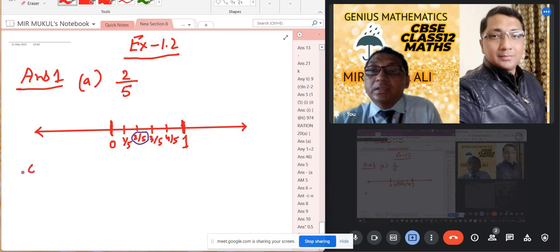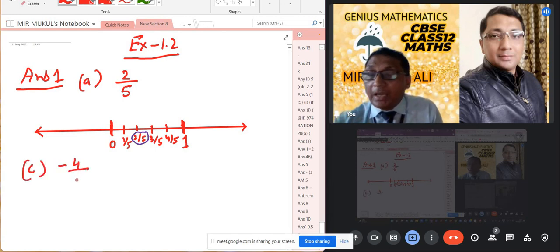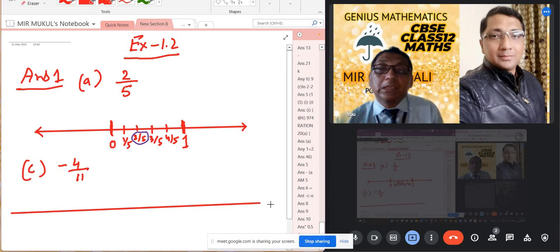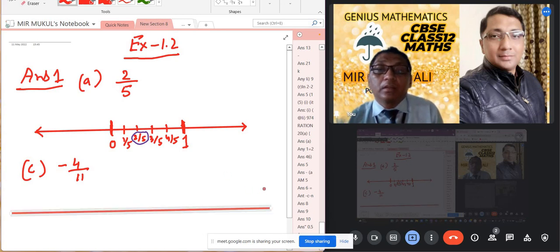Now I am showing C: minus 4 by 11. You have to draw a little bit longer line because it is 11 and it is negative, so I need the negative side.